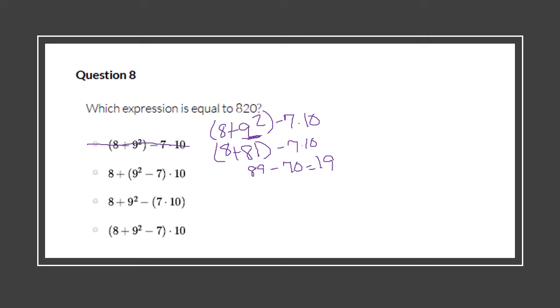Okay, let's look at the second one. 8 plus 9 squared minus 7 times 10. So the first thing we have to do is 9 squared. Then we're going to subtract 7 because it is inside those parentheses. We get 74.